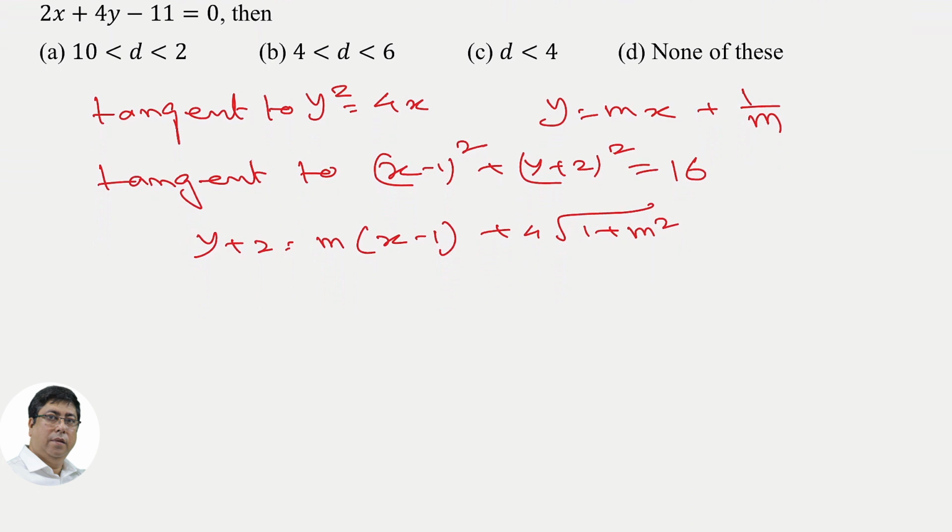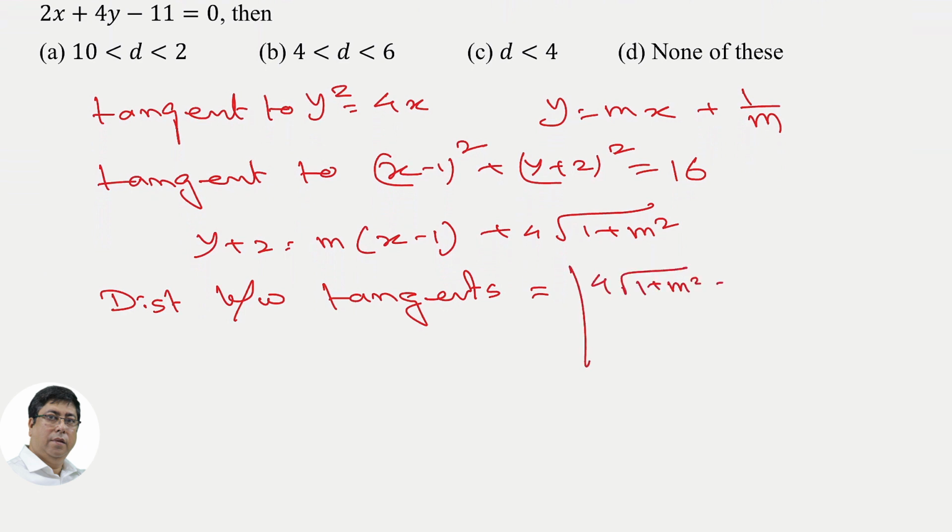Now the distance between the tangents equal to |c2 minus c1| by root of (a square plus b square). So if we apply this formula, we get 4 into root of (1 plus m square) minus m minus 2 minus 1 by m, total divided by root of (1 plus m square).